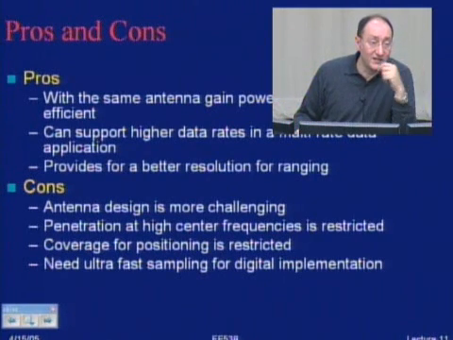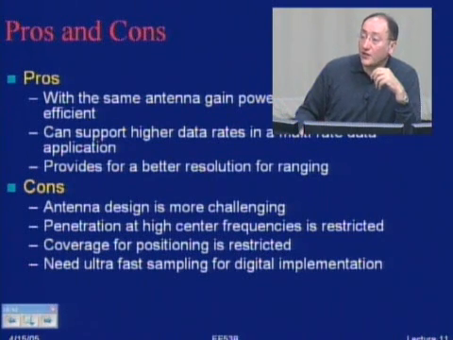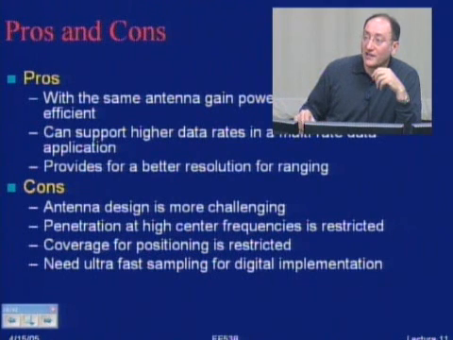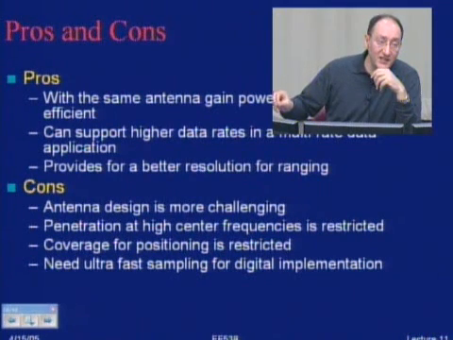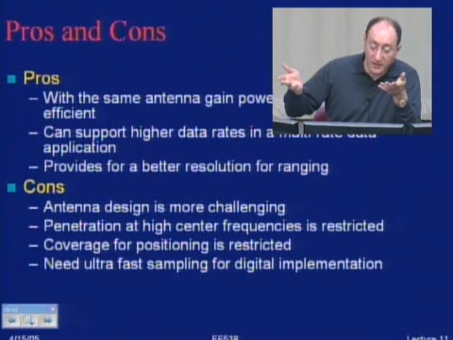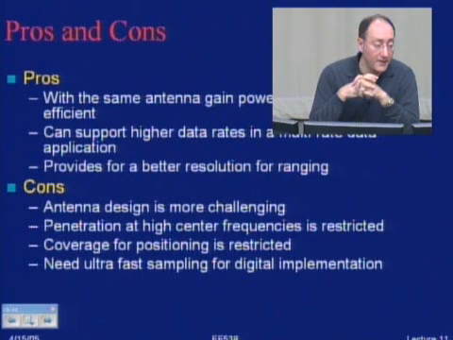Similar to filters, it's always very challenging to design a very wide band filter. If W over FC is small, it's easier to design the filters. You can have a first order filter if W over FC is small. If W over FC is large, filters are going to be very challenging to design.